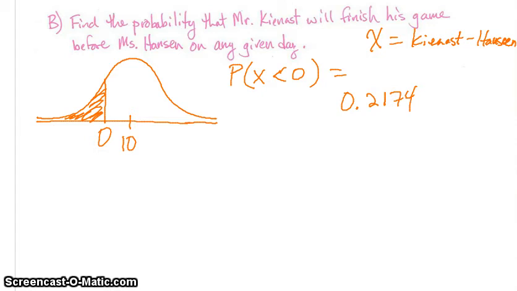And I'm done? Not. Write about this probability in context.